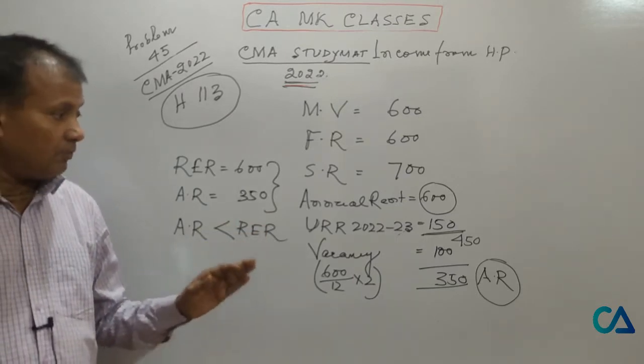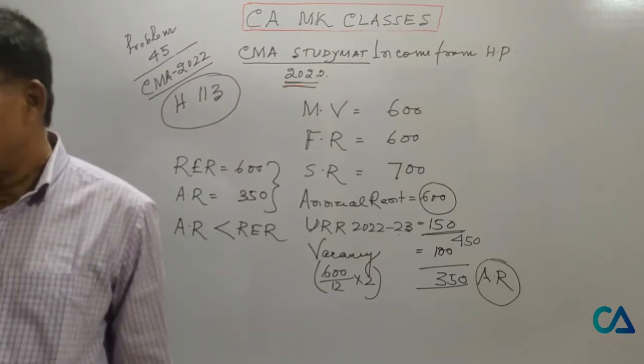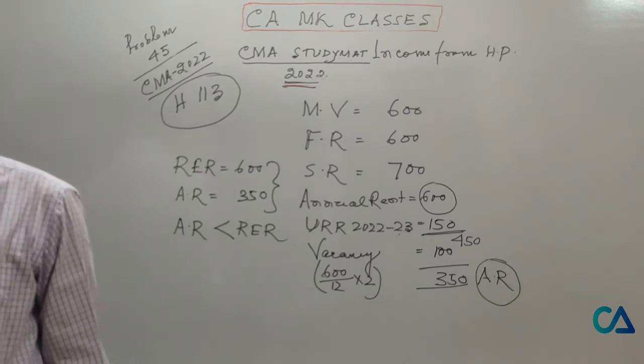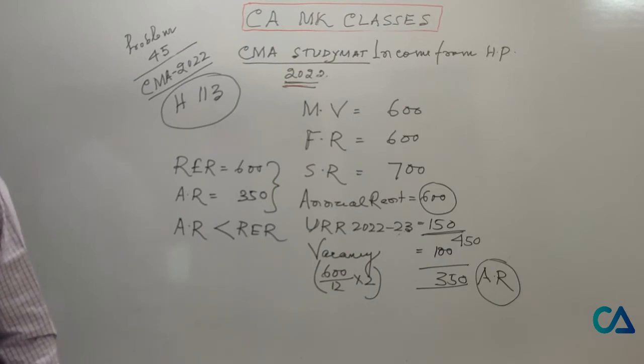If there is no vacancy, then I would have got only 450 here. In your question they have given you unrealized rent 150 here, but in the answer they have given you some other thing.